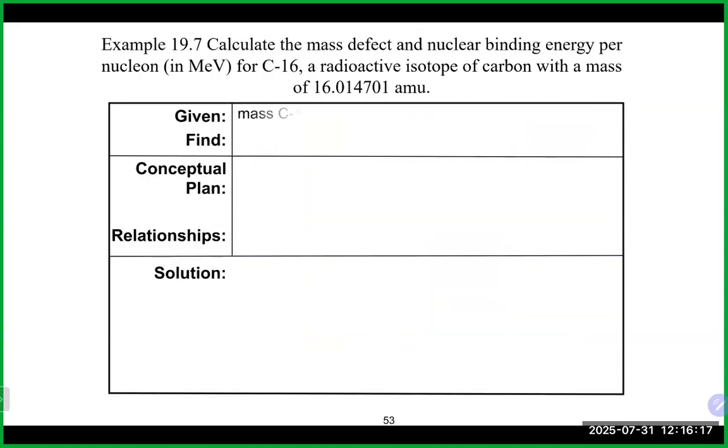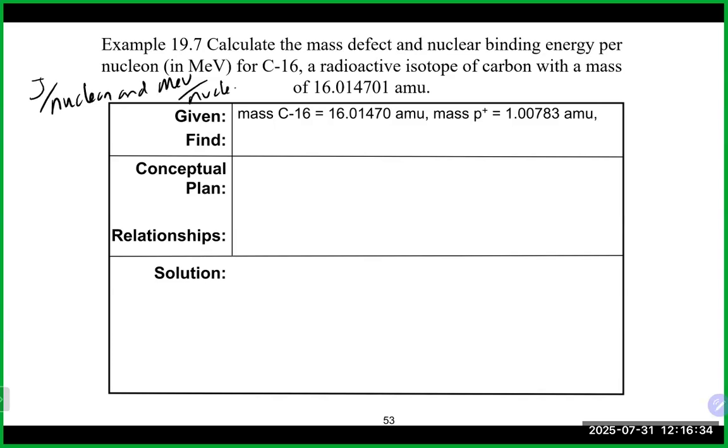All right, so why don't you give it a go there and see what you come up with. We want the mass defect in mega electron volts per nucleon, and let's also do both, joules per nucleon as well. If it has a mass, carbon-16, of 16.014701, the mass of a proton there, and a mass of a neutron, carbon number 6, I think.